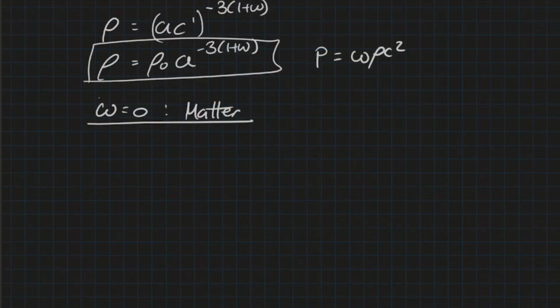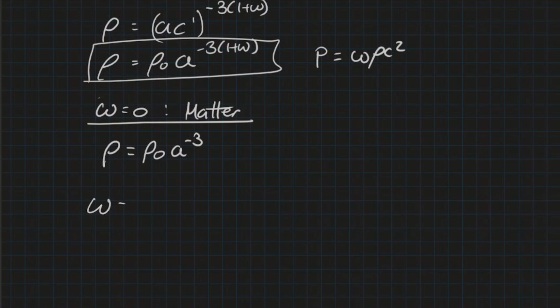This includes dust, baryons, and classical objects where the kinetic energy is way below the rest mass energy. And in this case, we have rho is equal to rho naught A to the minus 3, which gives us the same dependence as you would have found previously, where the matter density in the universe is proportional to A to the minus 3, which is a very standard result in cosmology.